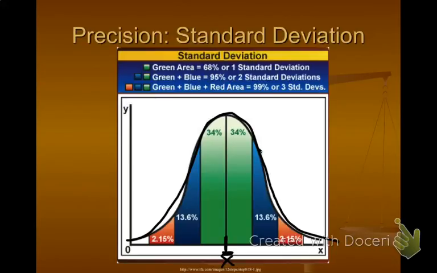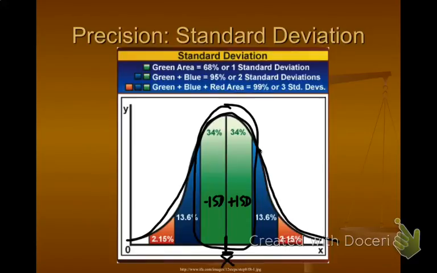And then what standard deviation looks at is where is most of our data located. If we add one standard deviation and we subtract one standard deviation, you'll be in the green region, and that would be where 68% of your data is located, where most of the data is located.